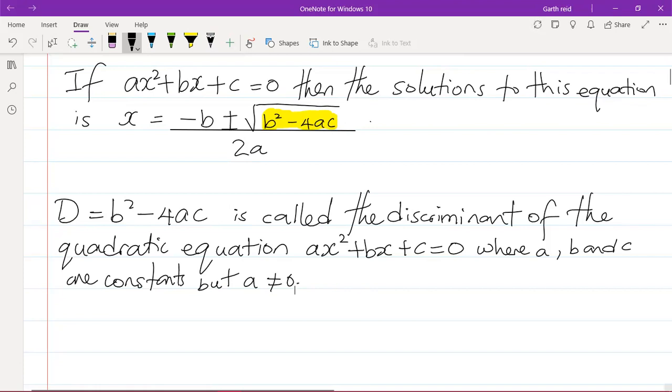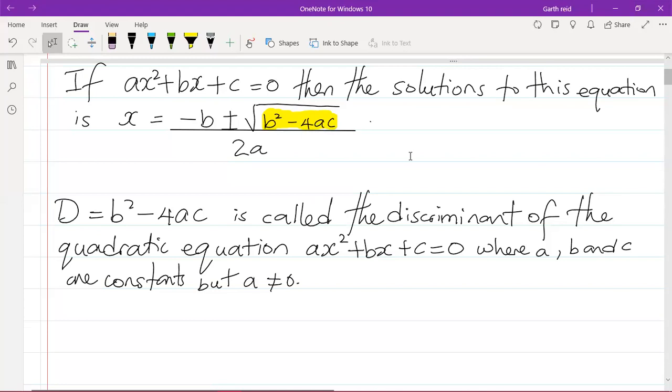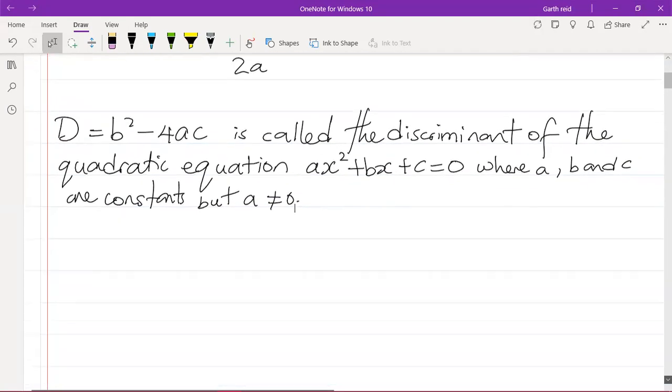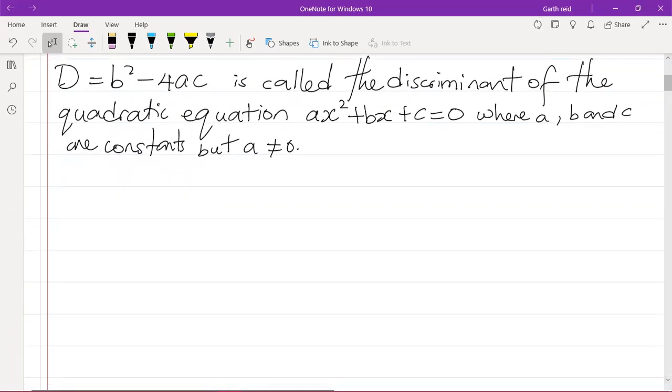There are some things that you should remember about this discriminant. Let us say that the value of D is positive.